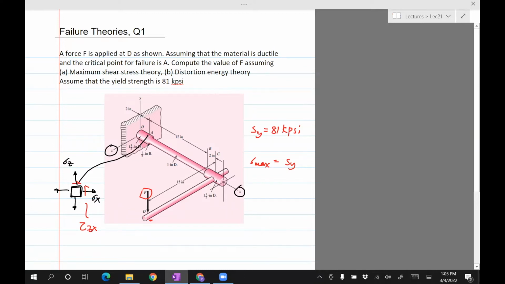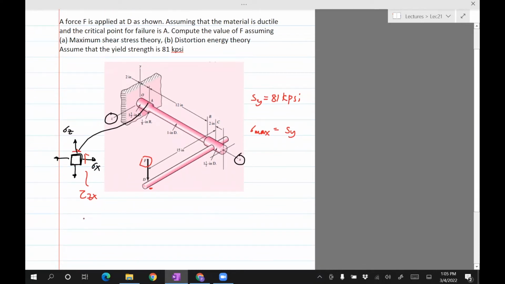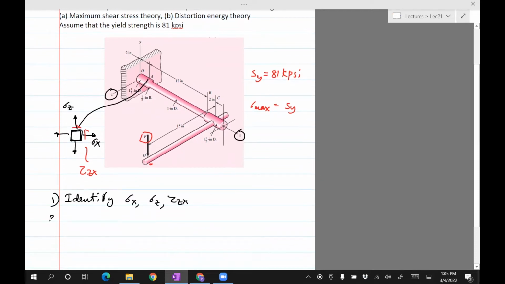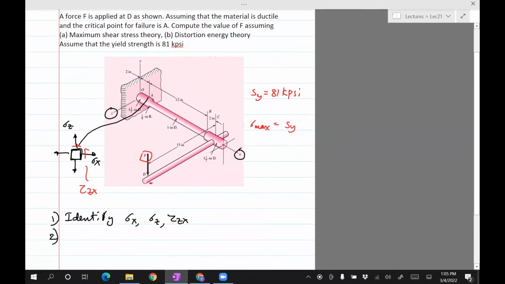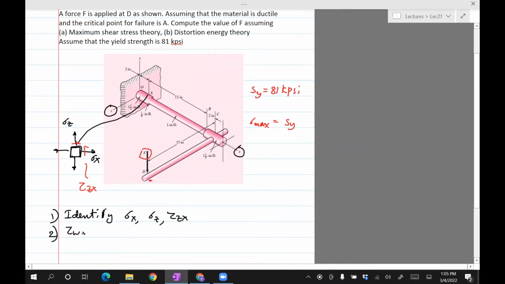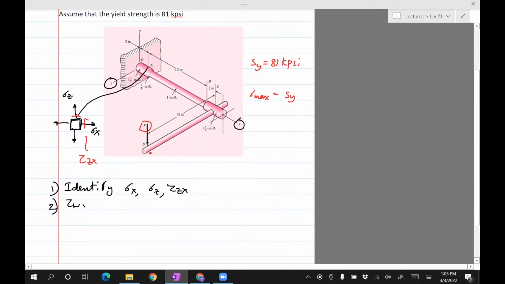Okay, so once I identify these stresses, sigma x, sigma z, tau zx, then I need to compute the maximum shear stress, tau max, and sigma prime, which is the von Mises stress.